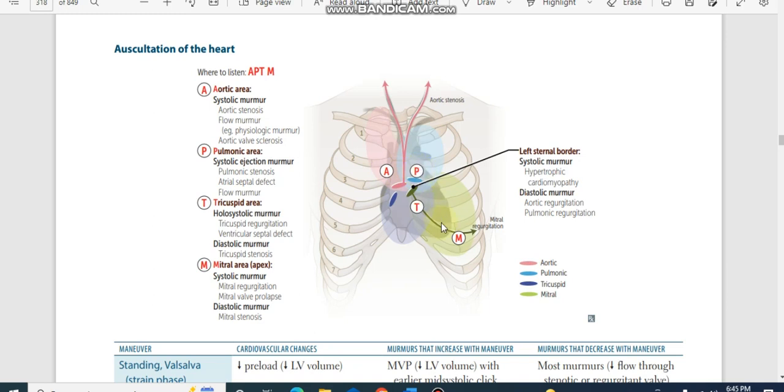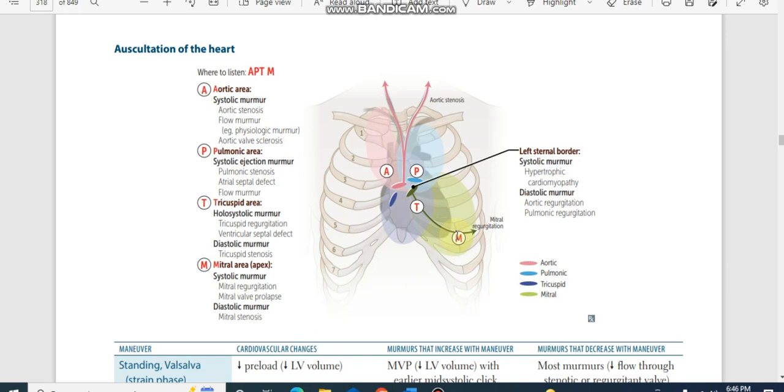Okay. Now tricuspid and mitral area. See, tricuspid and mitral area both are present on the left side of the chest. You need to know tricuspid is not on the right side of the chest, it is on the left side of the chest. It is in the fourth intercostal space at the sternal border. Okay, and the mitral area is basically in the fifth intercostal space where actually our apex is present.